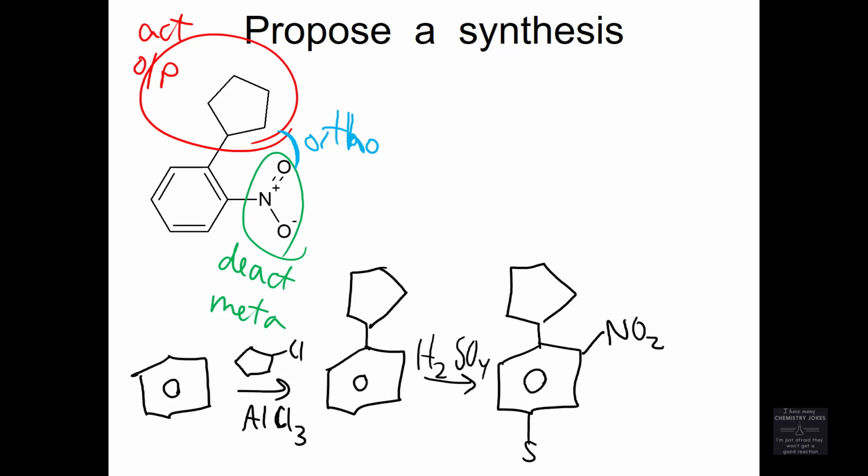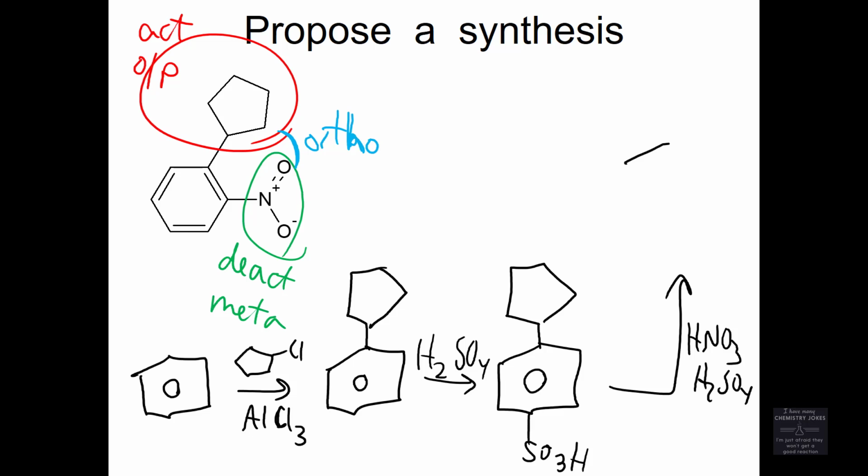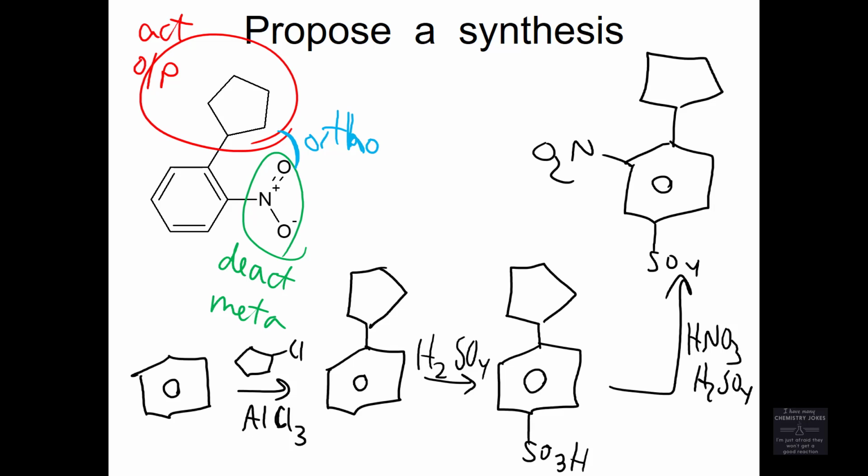What if I had a sulfonic acid as a protecting group? Yeah, if I protect the para position, then I can nitrate. The sulfonic acid is still down there. And then superheated steam can make that sulfonic acid go away.